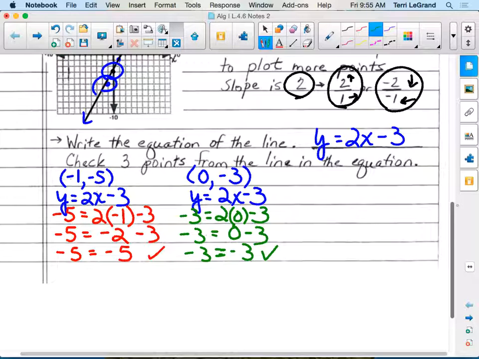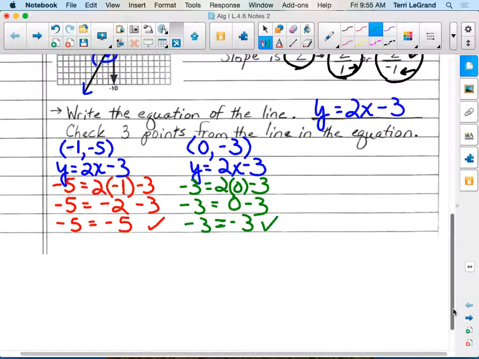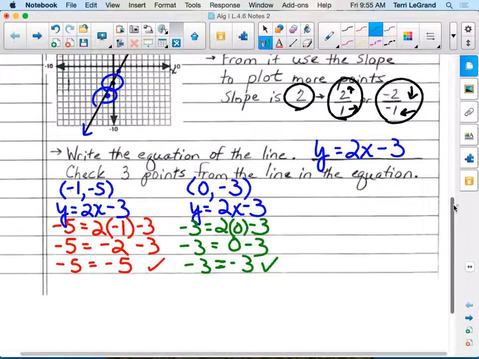We're going to end up with negative 3 equals negative 3, which means it makes it true. It is true, so it is a solution. Okay, what's the last ordered pair we can check out? 1, negative 1. Okay, substitute it into the equation that we wrote and make sure it makes it true.